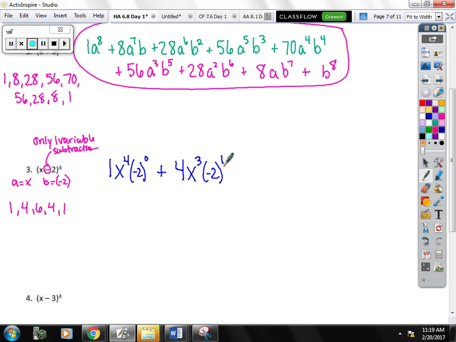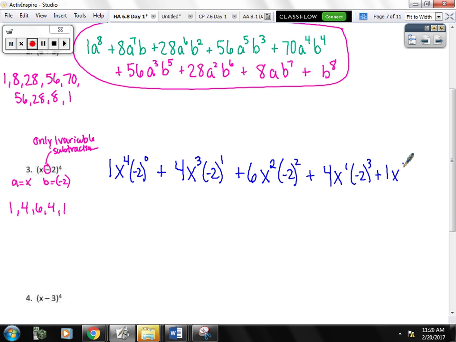The next coefficient is 6, so we'll add 6. Decrease the x exponent to 2 and increase the -2 exponent to 2. The next coefficient is 4, that'll be just x to the 1st and -2 to the 3rd. And last but not least, we'll have plus 1 x to the 0 power, technically, times -2 to the 4th.